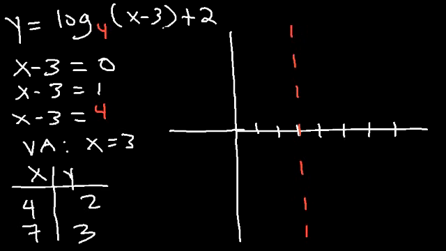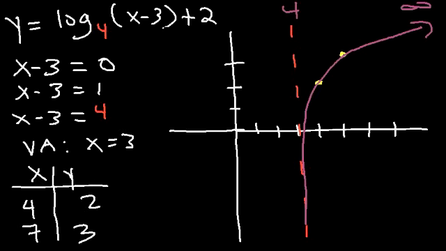Now let's plot the points. So we have the point 4, 2, which is here, and 7, 3. So start from the vertical asymptote and just follow the 2 points. And that's the graph. The domain is going to be from 4 to infinity. And so that's it for this function.